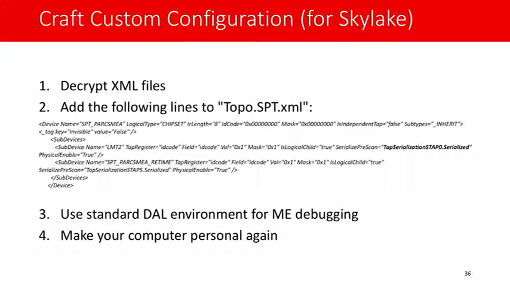And how to do custom configuration? Four steps. First, decrypt the XML files. Second, add the following lines to the top ASPT XML. And use the DAL environment for ME debugging. And it will make your computer personal again.